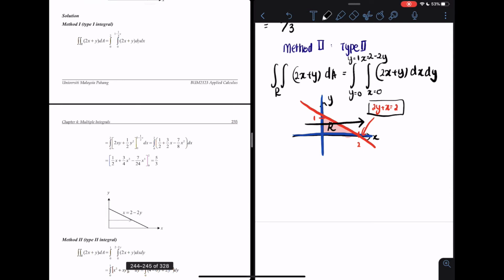Therefore, by using these limits, now you can solve the problem, and trust me, the answer will be 5/3. So I leave it for you to explore on your own. So let's move on to the next example.